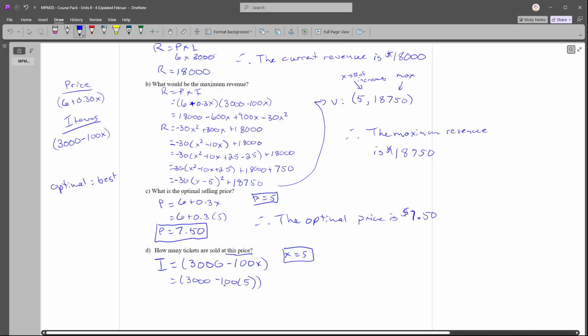So that's 3,000 minus 500. That means our number of items is equal to 2,500. Therefore, 2,500 tickets are sold at this price.